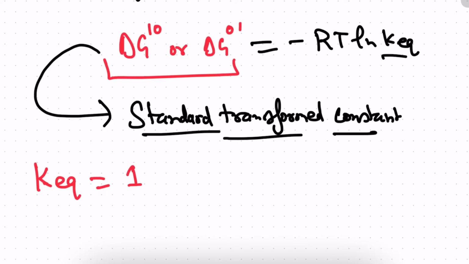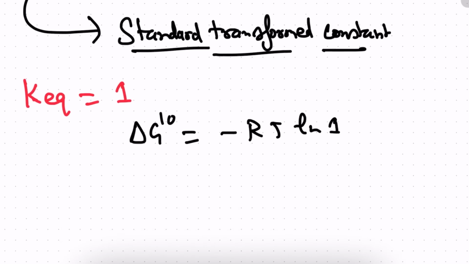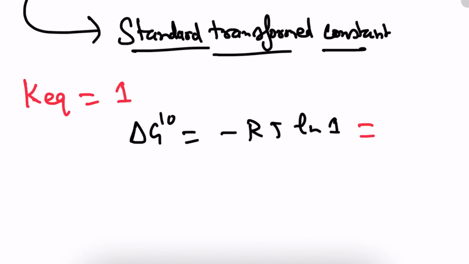Now you calculate delta G prime naught. It will be minus RT ln 1. If you solve this, it comes out to 0. So delta G prime naught is equal to 0.